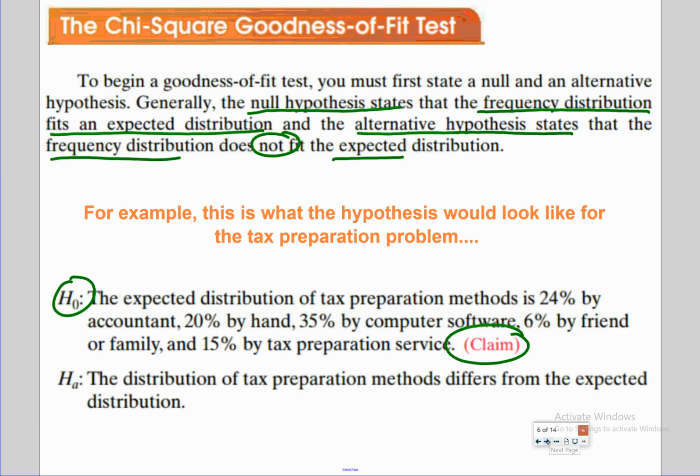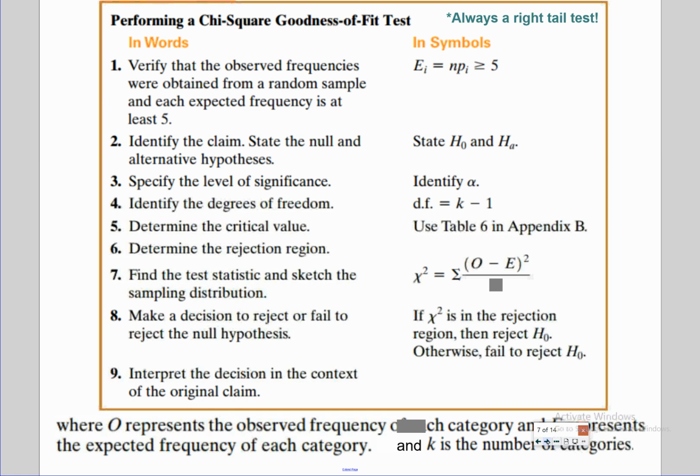Steps that we use are given here. The chi-square distribution shape looks like this. There's a picture of it on the very first page. It is always going to be a right tail test because of the distribution of this variable. So we don't have to worry about left tail, right tail, or two tail when we do these.